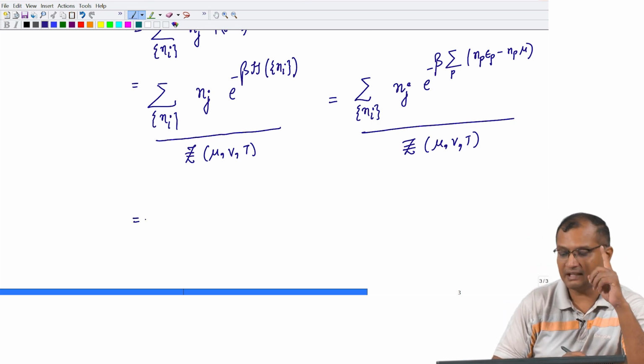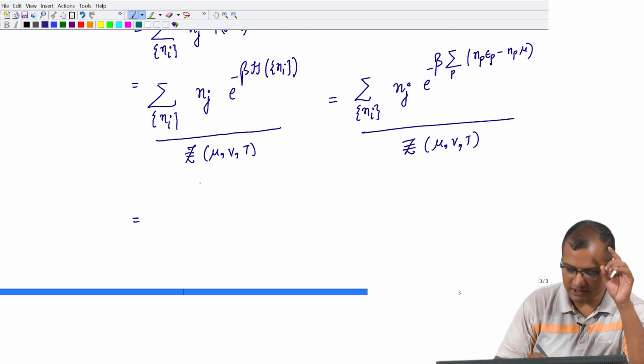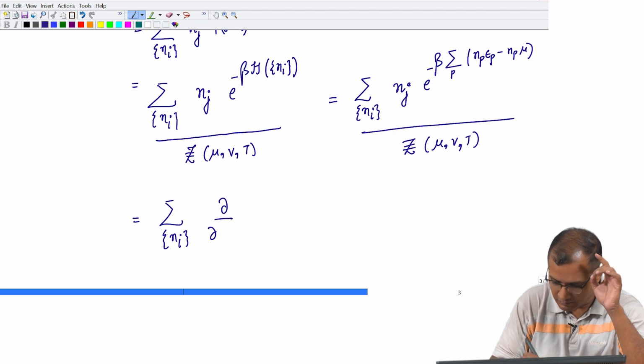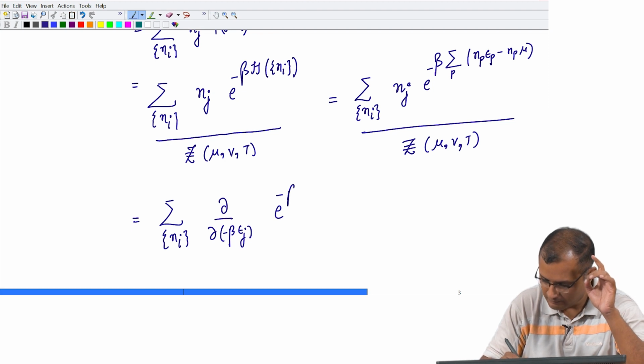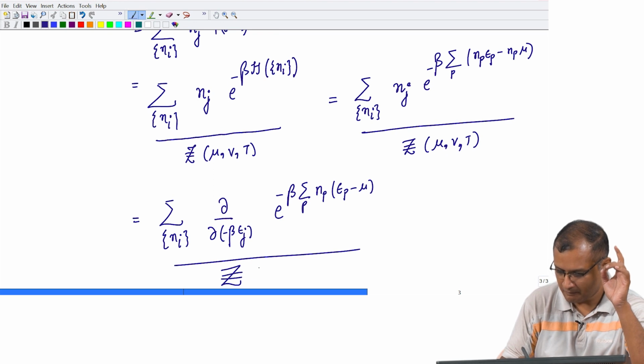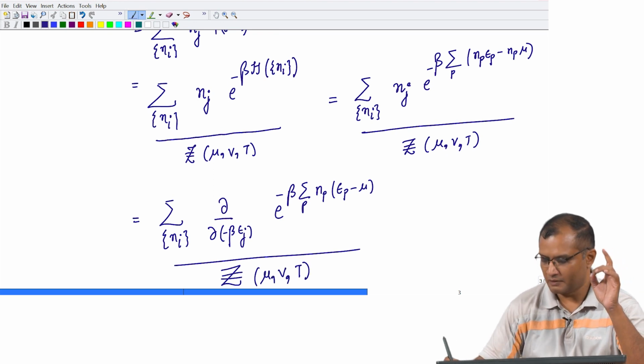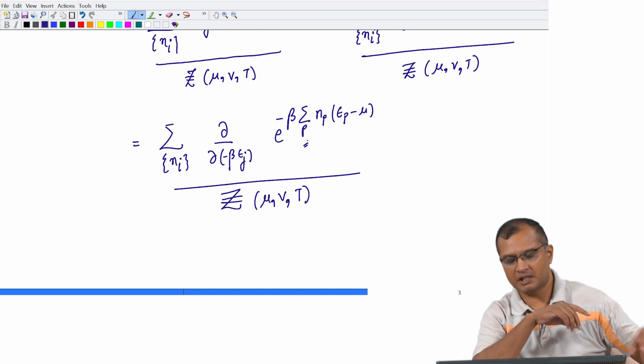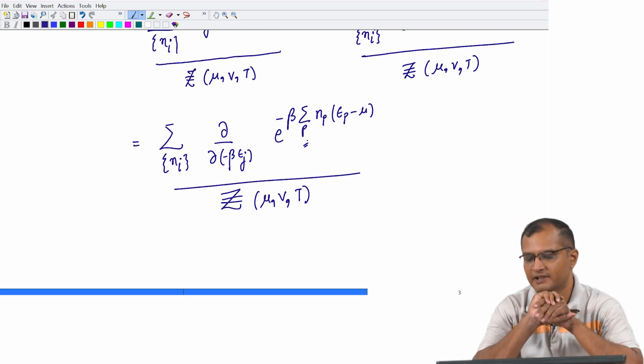Now, if I want to pick the jth microstate nj, then I have to take the derivative with respect to beta times ej, because in the summation here there will be one value of p where p becomes j, and only that value of nj will be taken out.